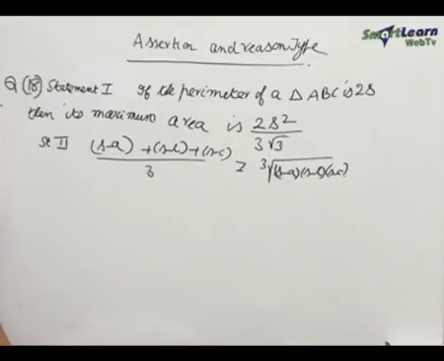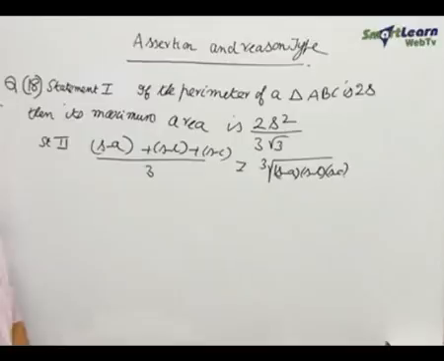If statement 1 is true and statement 2 is true, and because of statement 2, statement 1 is right, you mark it as capital A. Statement 1 is true, statement 2 is true, but statement 2 does not imply statement 1, you mark it by capital letter B.